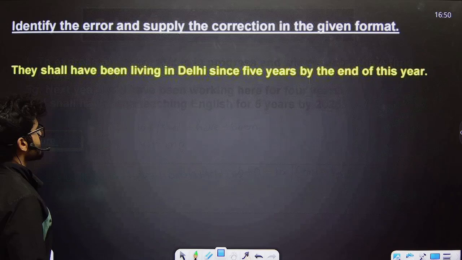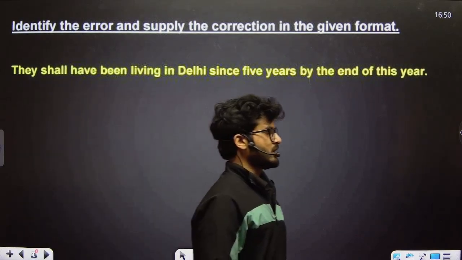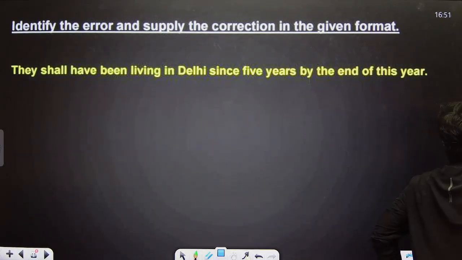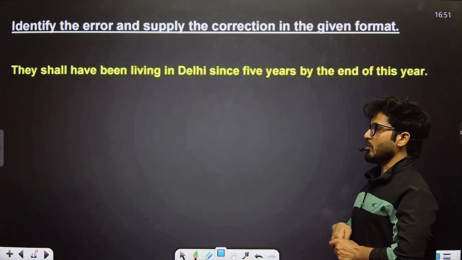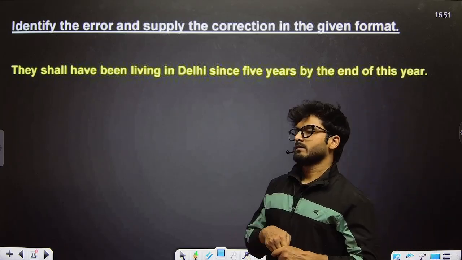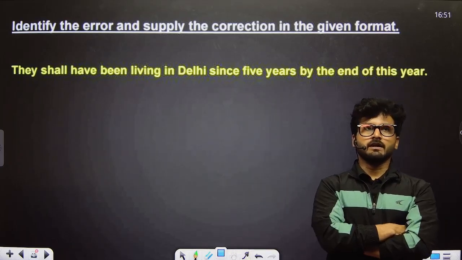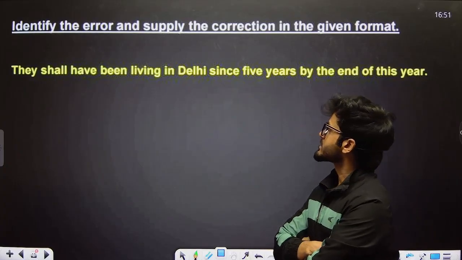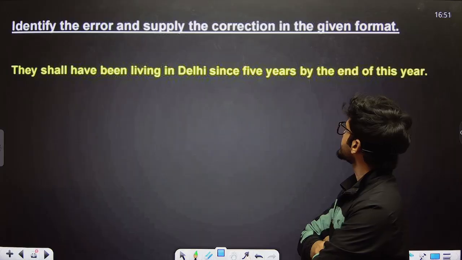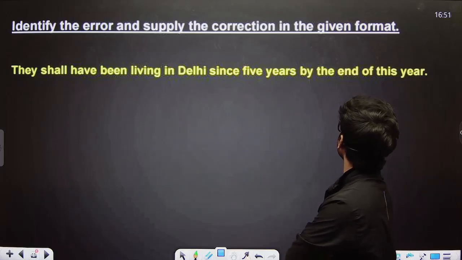Okay. You have a question here? Identify the error and supply the correct form. They shall have been living in Delhi since 5 years by the end of this year.